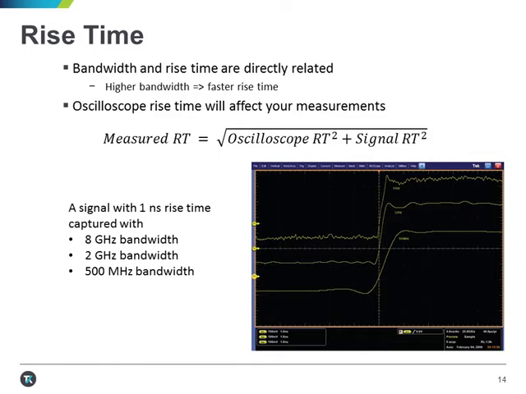At 2 gigahertz bandwidth, the waveform is truer to the actual input signal. And at 8 gigahertz bandwidth, the waveform shows even more detail. But at this point, you need to decide whether the detail is important enough to justify the price tag of an oscilloscope with 8 gigahertz bandwidth.